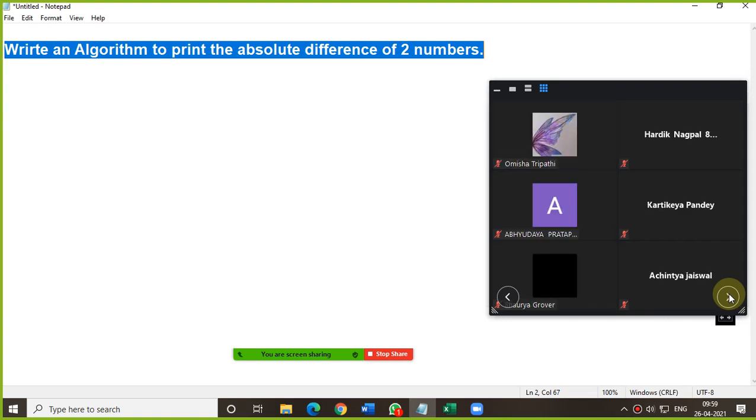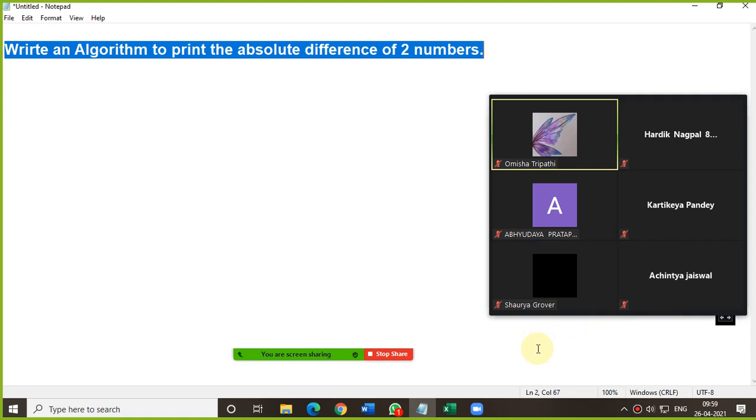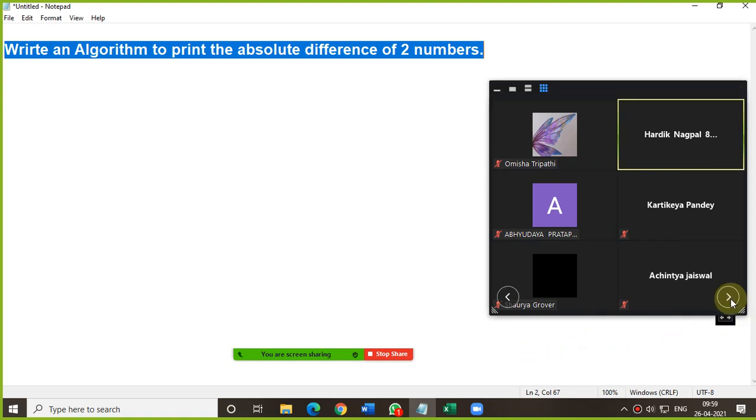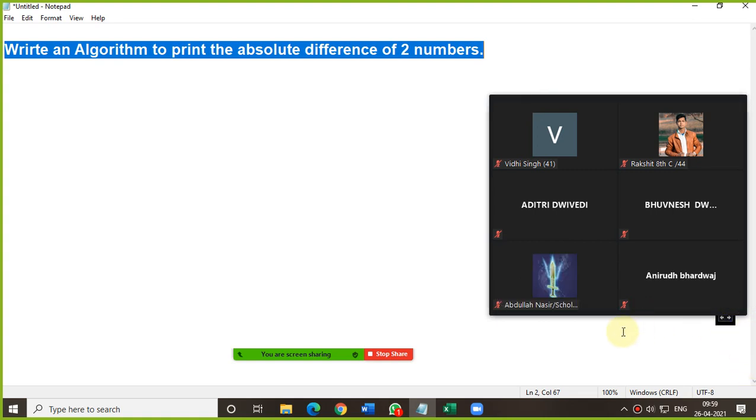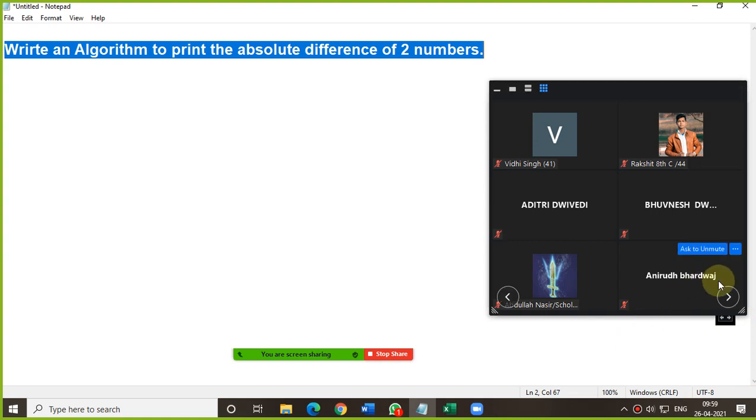Omisha Tripathi, are you getting it? Yes, sir. Hardik Nagpal, are you getting the question, beta? Sir, I am trying. Very good. Please try. Don't worry whether you are getting it or not. If you people are not getting it, I am there for you. Aviral Khanna.